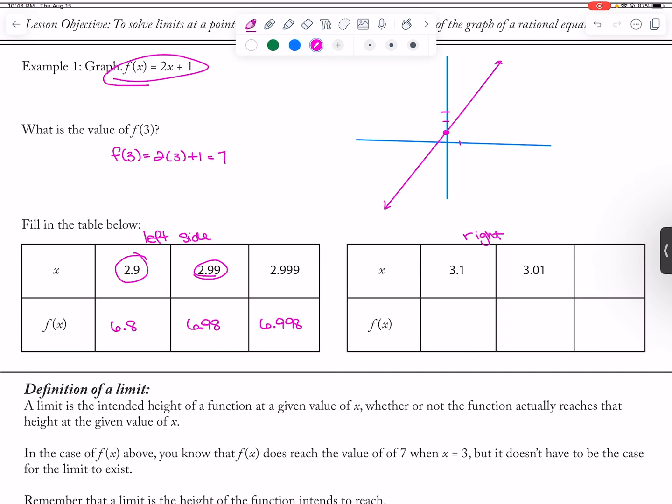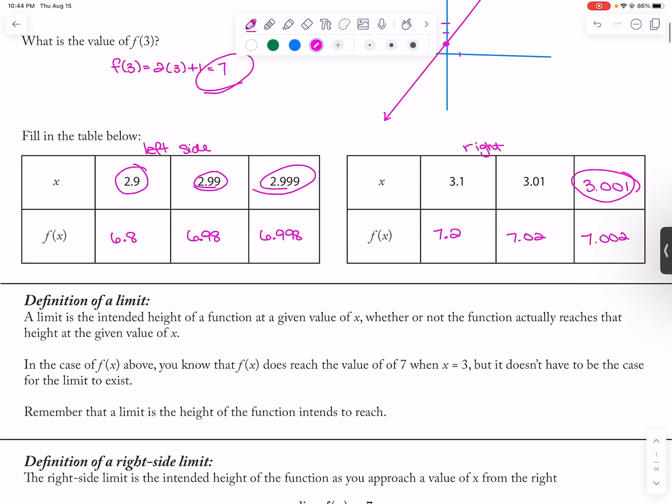Okay, so 3.1 is actually a 7.2. 3.01 is a 7.02. And then 3.001 is a 7.002. So as I get closer to 3 on both sides of the equation, I'm getting closer to 7. And that is really the definition of a limit: when you go from the right side and the left side, what y value you're getting close to.